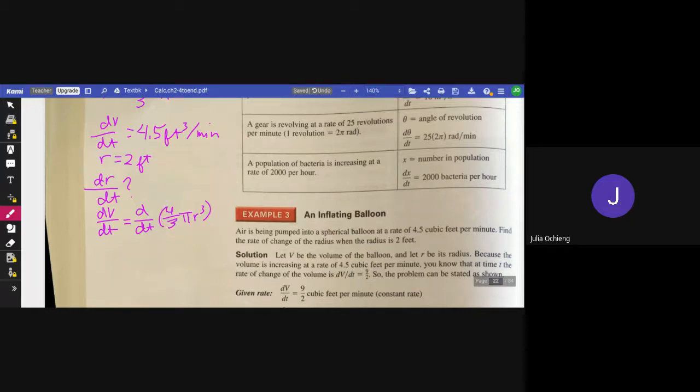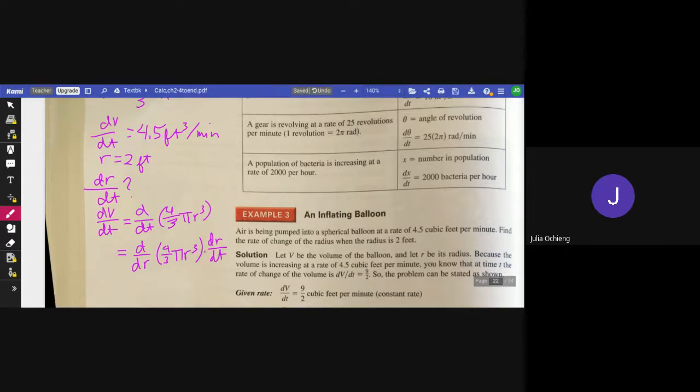There is no t in here, so I'm going to rewrite this using the chain rule: the derivative with respect to the radius of this whole thing, times the derivative of the radius with respect to time.